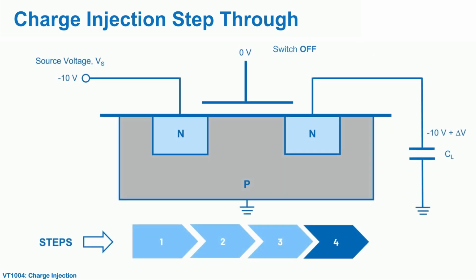Fourth step. This charge will cause a change in voltage, known as delta V. The change in voltage can be used to measure the level of charge, with the equation Q equals V times C. This method is how the charge injection is measured in switches.